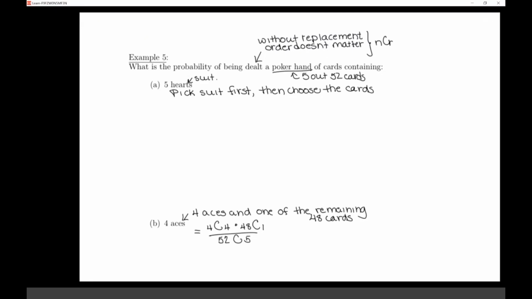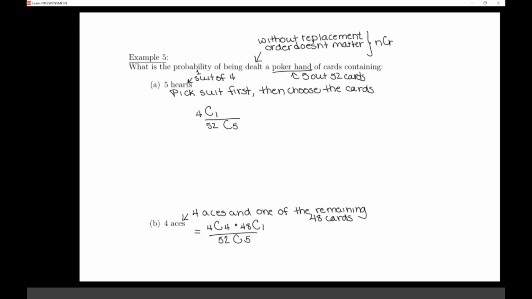I want to get 5 hearts. I don't care which 5 hearts, but I want hearts. My denominator is the same number, 52 choose 5, the number of poker hands. And I'm going to pick the suit first. There are 4 of them, so hearts is one suit of 4 possible. So here's the suit: 4 choose 1. And yes, it would be the same if you wanted 5 diamonds or 5 clubs or 5 spades.